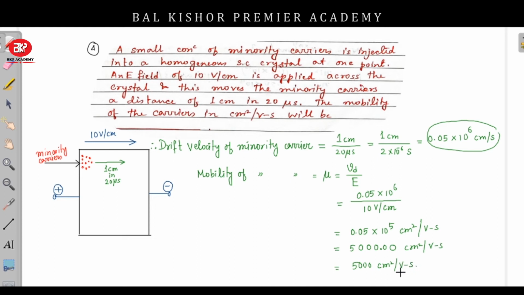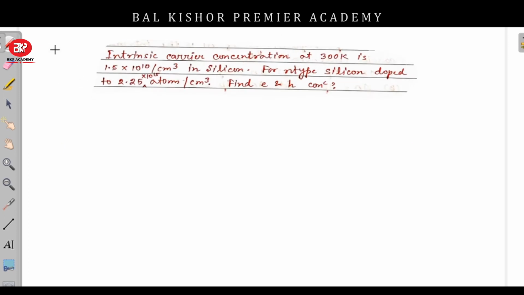So in this way we can calculate the value of the mobility of the minority carriers. We can calculate the mobility of these minority carriers using this process. So this was the fourth numerical. Let us move to the next numerical. So this is the fifth numerical.